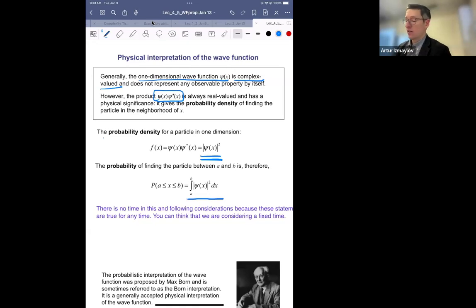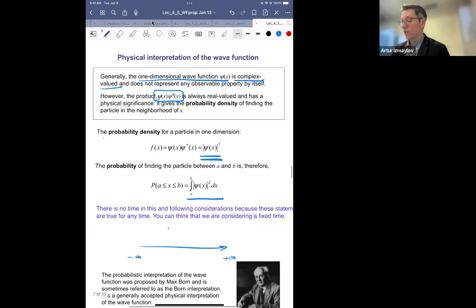Here you have a space, potentially infinite, from minus infinity to plus infinity. So your particle is, in principle, somewhere in a finite subspace of this space, right?